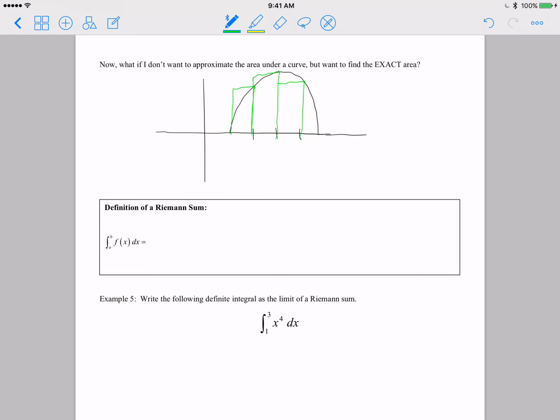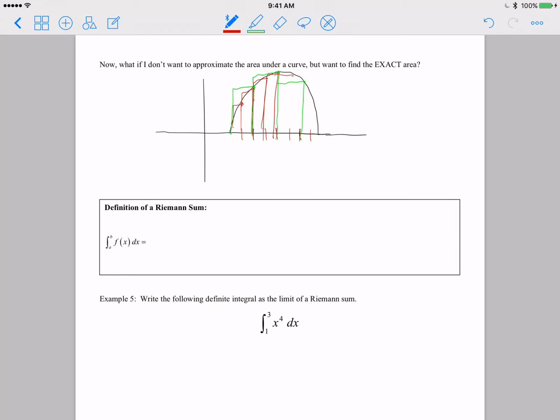Okay, well, what happens if we increase? Let's see if we can double the number of subintervals. So let's go here, here, here. Okay, so let's double them up and see what happens. Now I'm going to, again, take the right endpoint. So the right endpoint is here, here, here, and then here, and then here, and here, and also there.